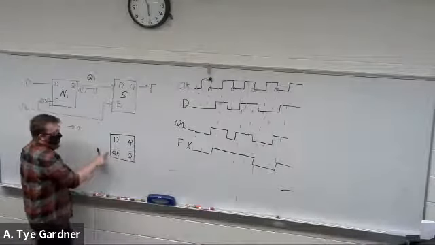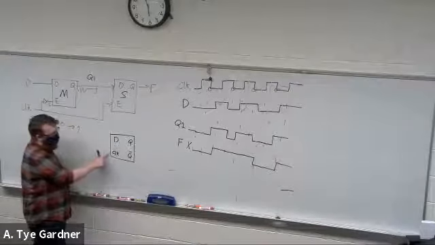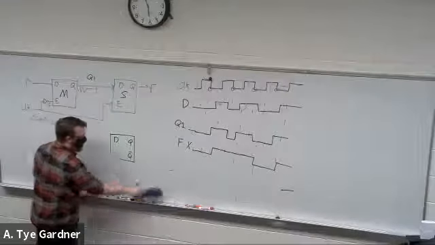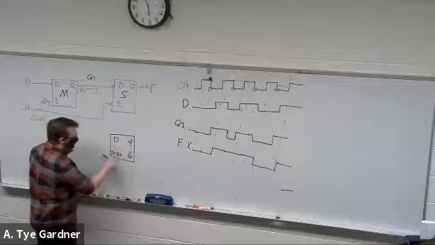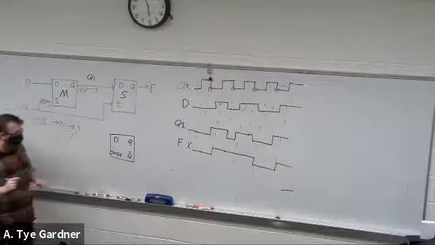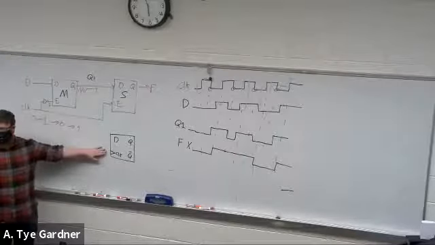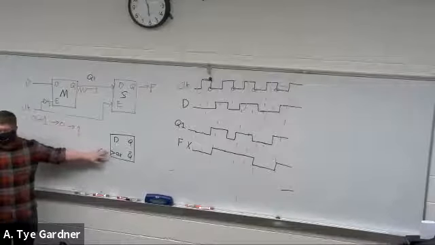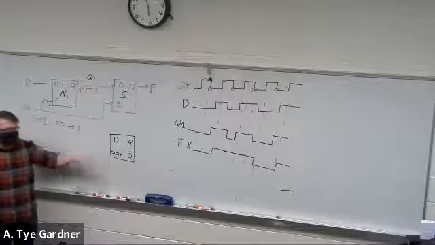Now, the clock is a special signal. This is different than what we've dealt with before. So instead of just writing clock, we actually give it a little triangle and then say clock. And in fact, a lot of times you'll just see the little triangle. What that means is that it's an edge-triggered signal. It causes a reaction on its edge and only on its edge.